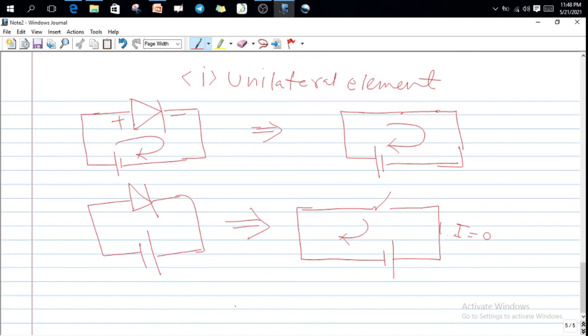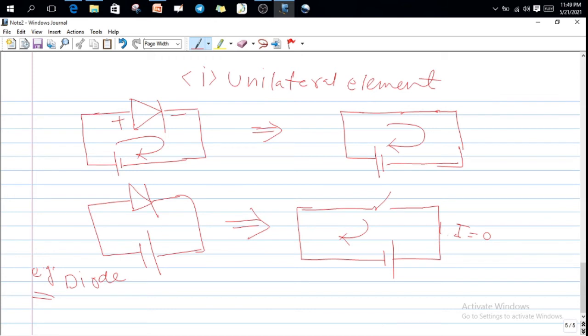Their characteristics are obtained with the current in any one direction. Okay guys, that comes under the unilateral element. Diode is the best example for the unilateral element. Okay guys, is it clear?